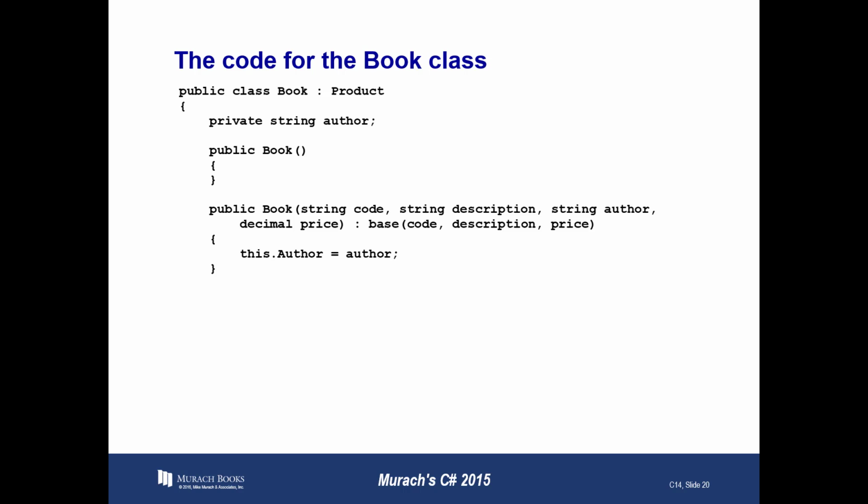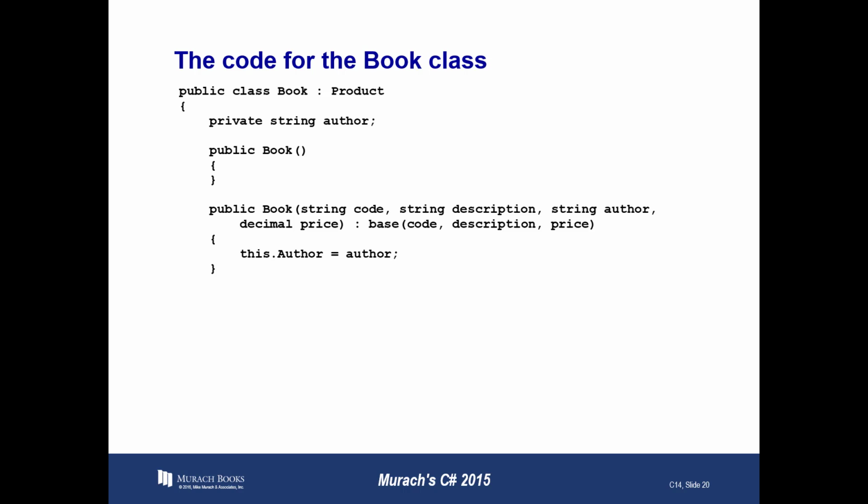So here's our code for the book class. Again, notice public class book : product, meaning book is the child class, also called the derived class, and product is the parent class. It has different names. It can be called a parent, and book can be called a child class, a derived class. Let's just go with those, that should be good.